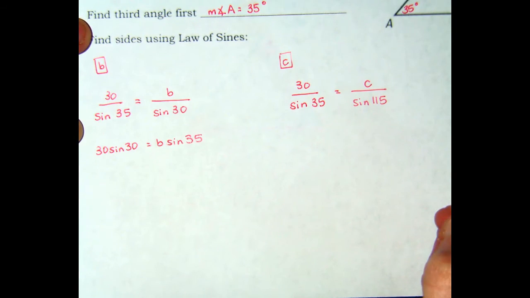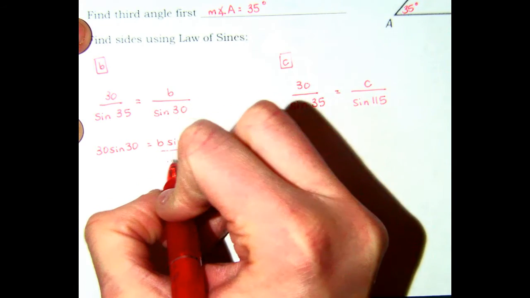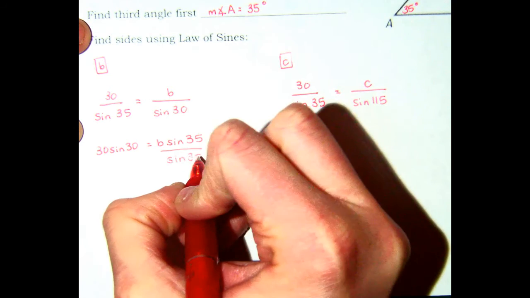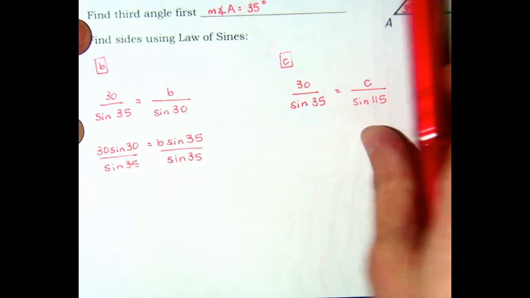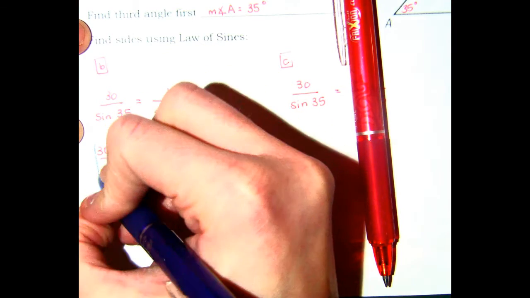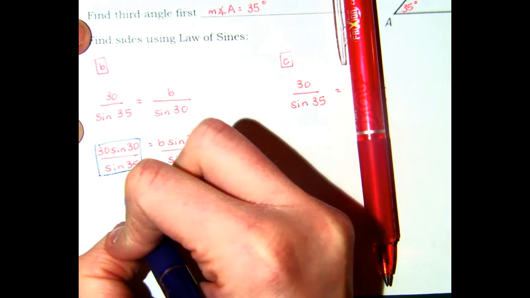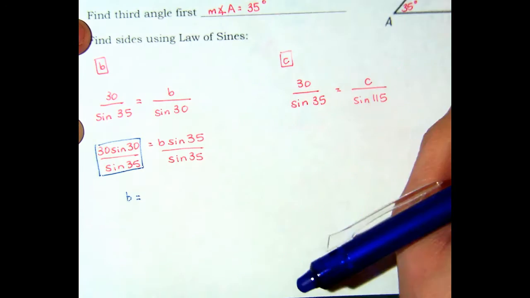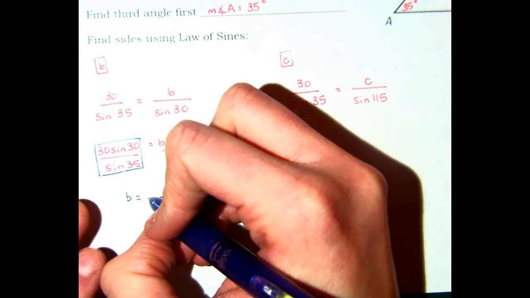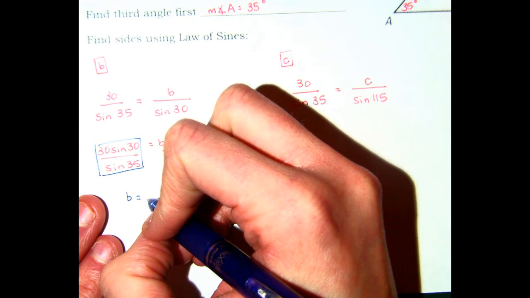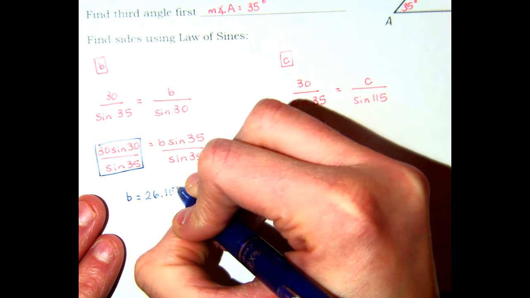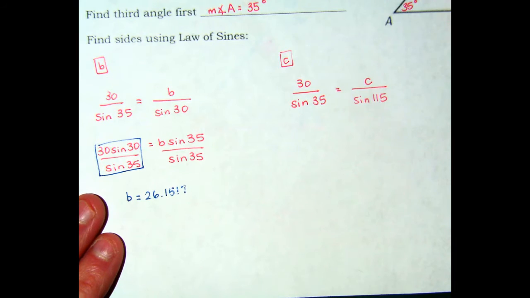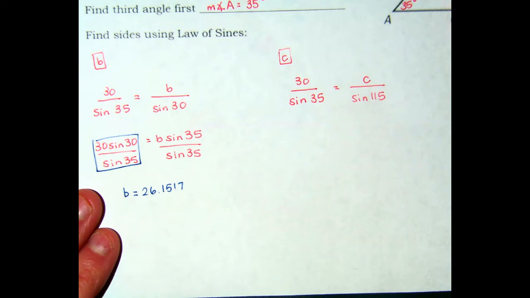Then what'd you do? And you plugged this in your calculator, correct? Okay, so what was B equal to? We don't have units. If we did, I would want you to put them, but we don't have any.